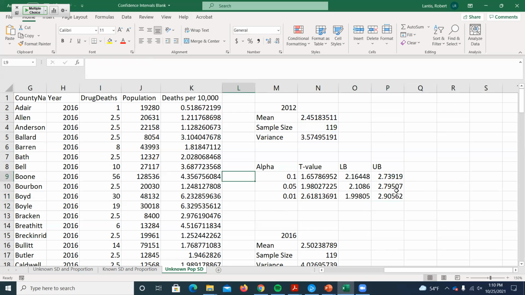Notice when I want to say things with higher levels of confidence, right? Because the alpha of 0.1 corresponds to a confidence level of what? 90%. 0.05 would be 95. 0.01 is 99. When I say things with a higher level of confidence, that means the area in my tails is getting smaller.